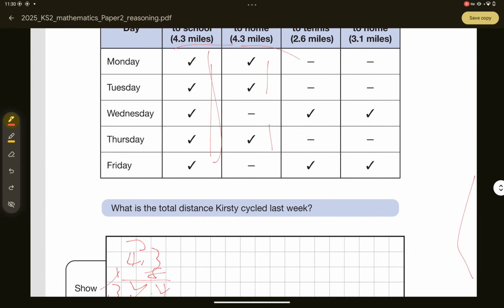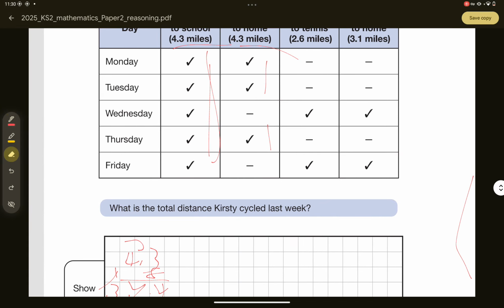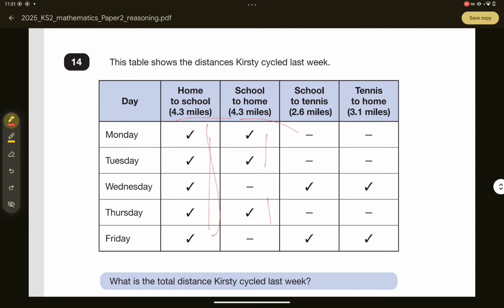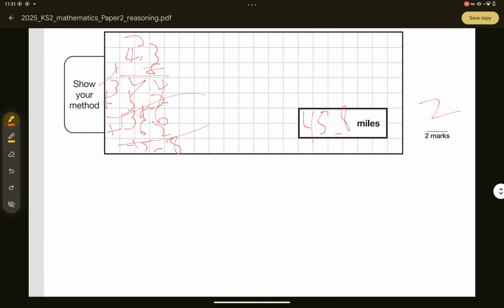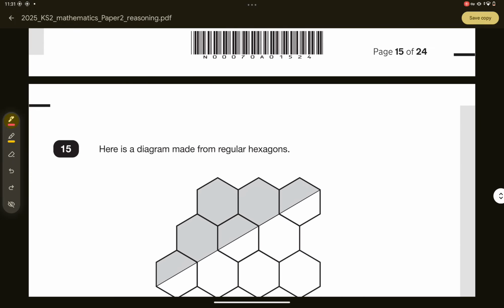And then there are two 3.1s, and 3.1 times 2 equals 6.2, plus 6.2, which equals 45.8. Also, you should write each digit in one box, not how I did it. I'm just speed running it.